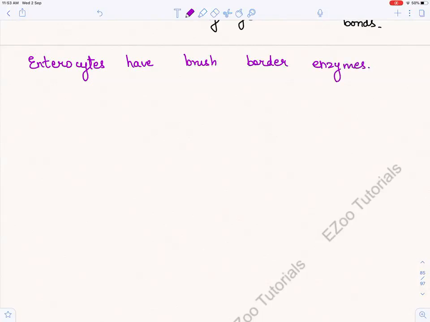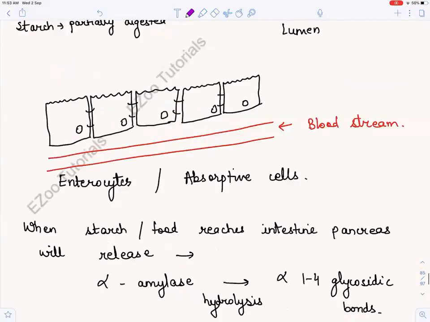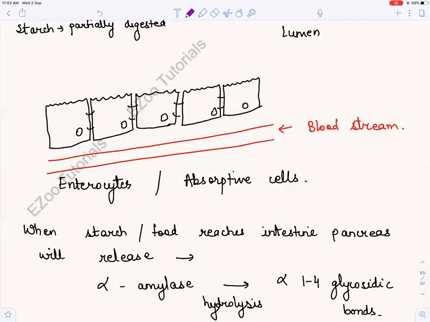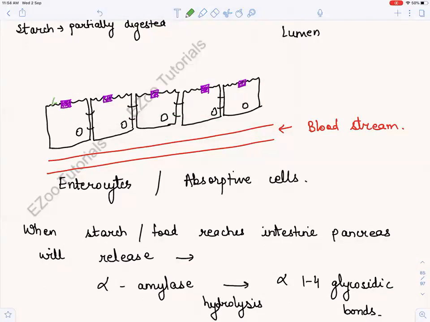Like we have maltase here. Now let me change the color. We have sucrase, or isomaltase. These are enzymes that I am showing.